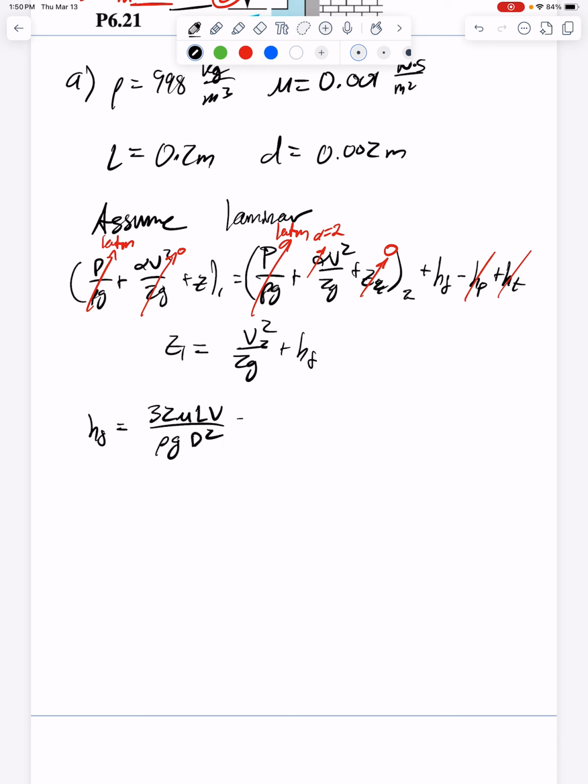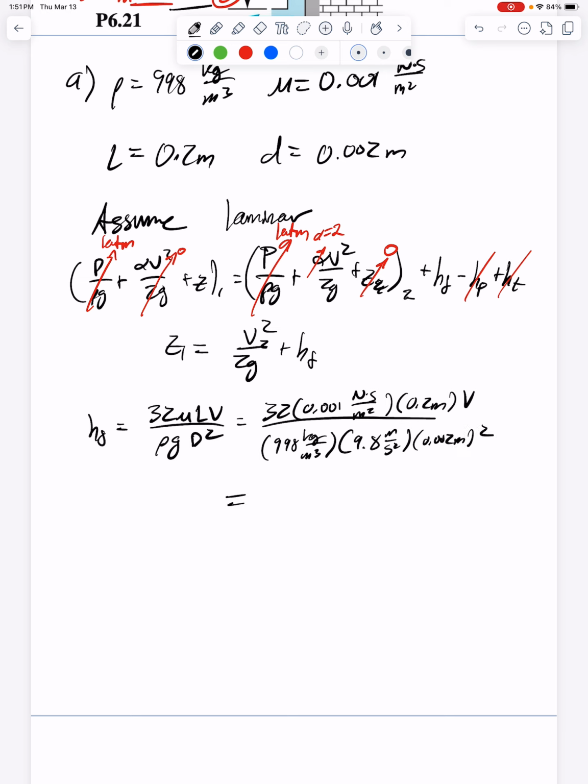So I'm going to plug in relevant terms, which is mu, L, V we don't have, but rho we have, G we have, and D we have. Head loss, therefore, you can simplify to become 0.1634 times V. I'm going to get rid of units and I'll explain more in a bit.